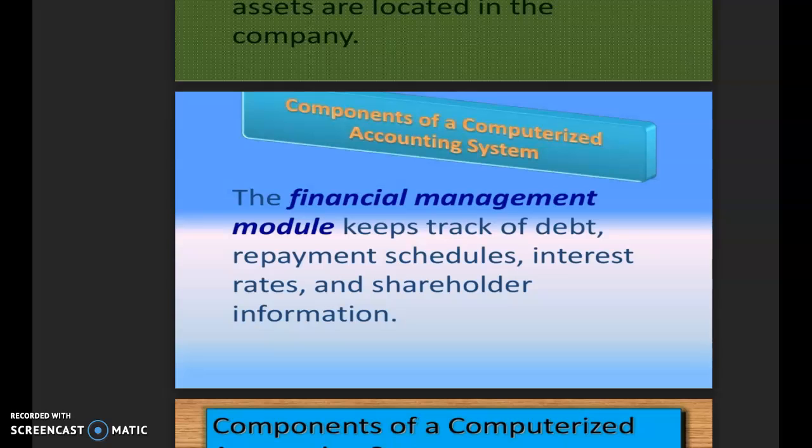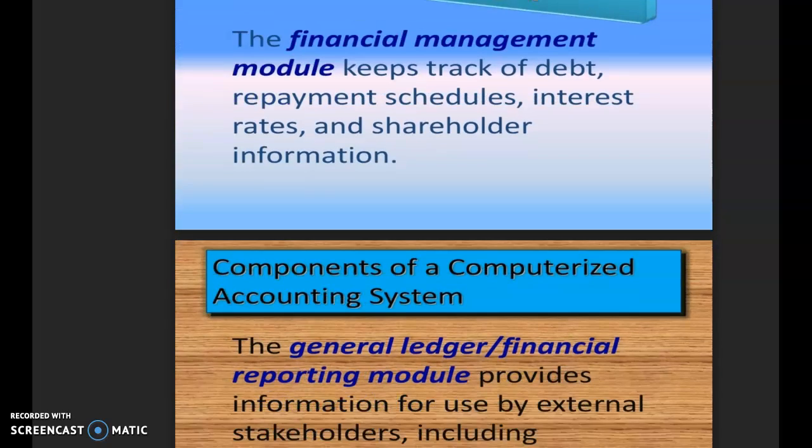How much loan has been taken, when it has been taken, when the interest becomes due or accrued, in which way the interest is to be paid off, what the repayment schedule is, what the shareholder information is. These all areas are associated with financial management. So under AIS, the detail is kept relating to all these areas also.